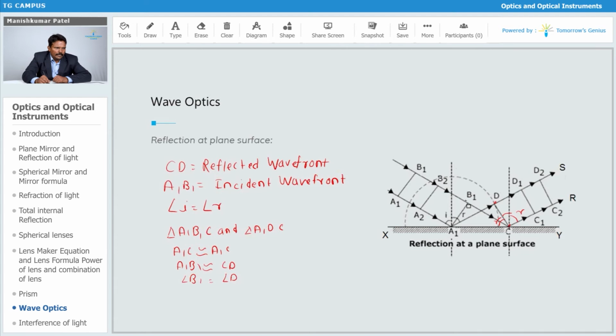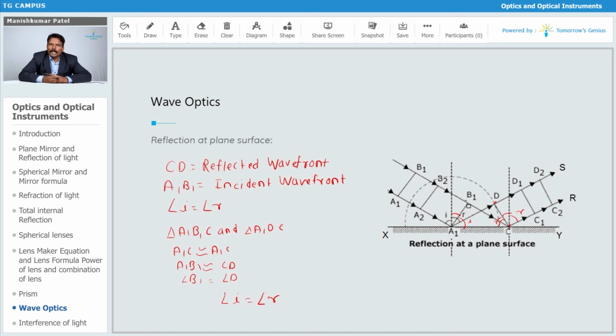Again this is I, then further this is 90 minus I. Then this angle at A1 is nothing but I, and this is nothing but R. So these two triangles are congruent, and definitely angle I is the same as angle R. That is the law of reflection on the basis of wave theory, which we just proved.